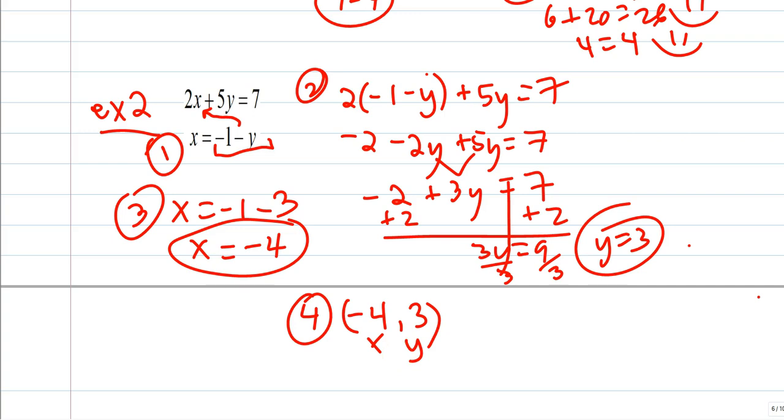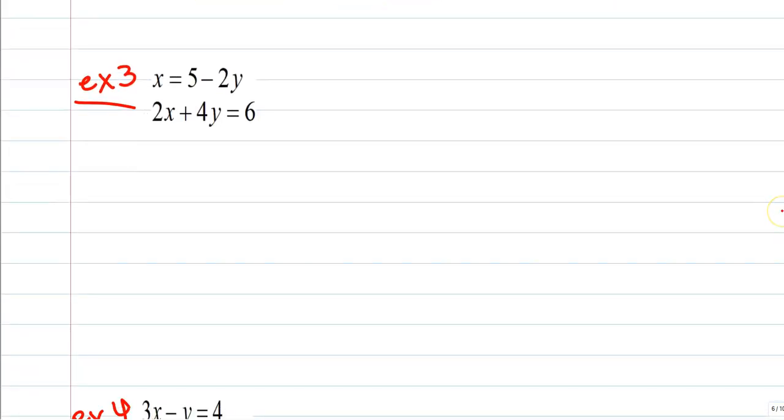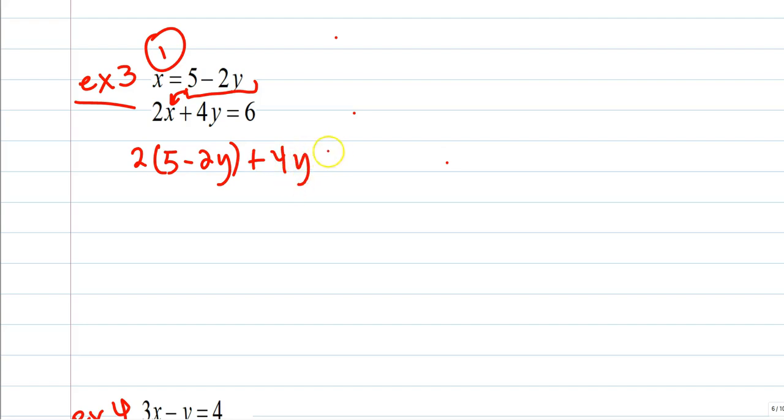Let's keep going. Another one where I have x equals, right? Step 1 is already done for us. So I can take that 5 minus 2y and substitute that into the other equation for x. So it becomes 2 times x, 5 minus 2y, plus 4y equals 6.